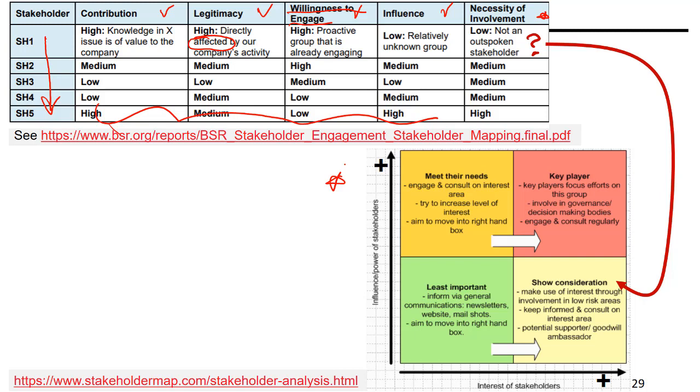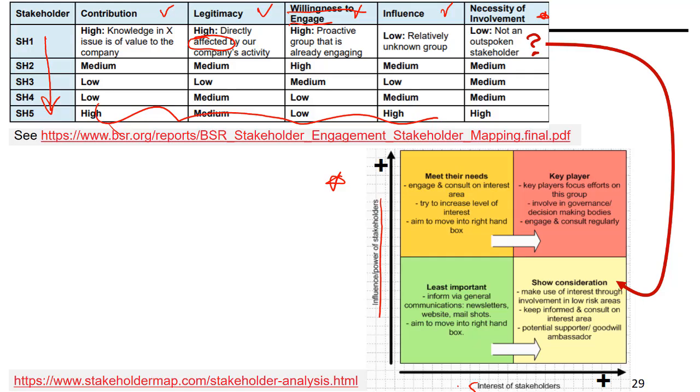This stakeholder map, on the vertical axis is the influence and the power of the stakeholder. The horizontal axis is the interest of the stakeholders. This means high influence, low influence, low interest, and high interest.